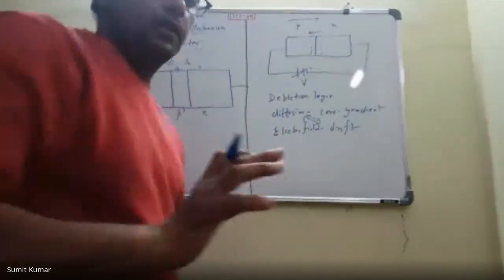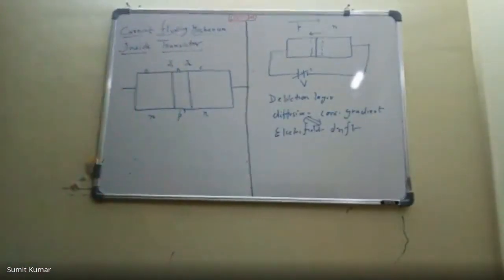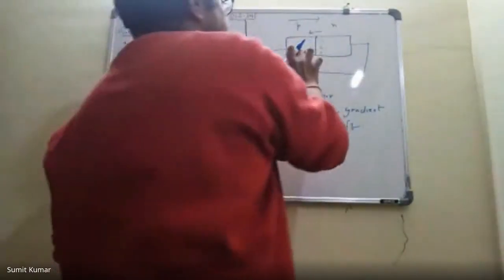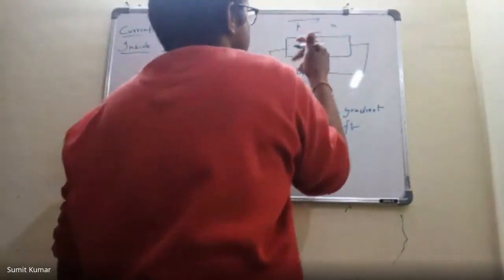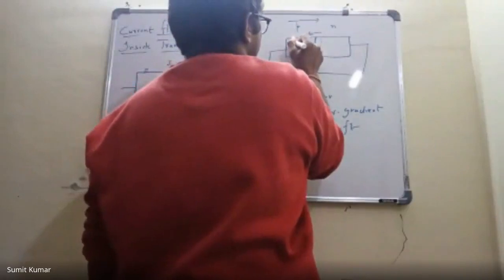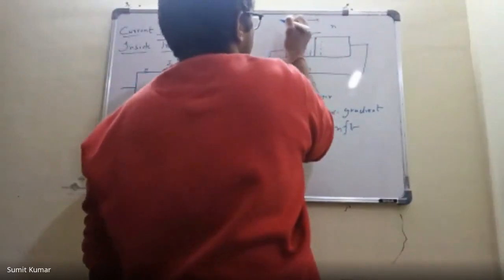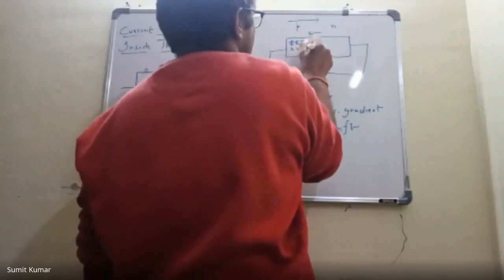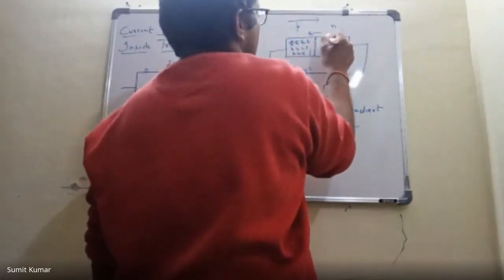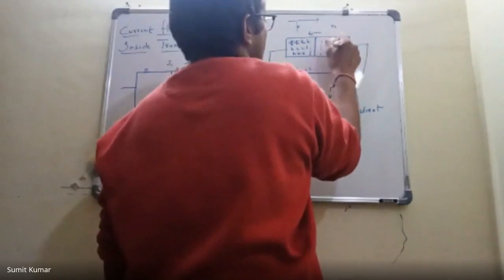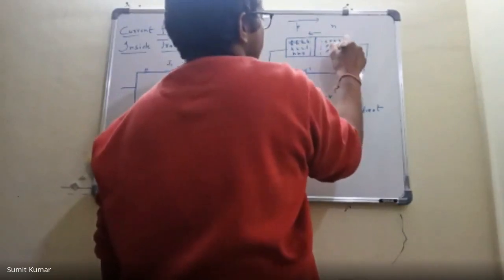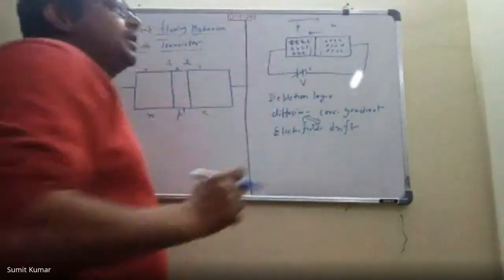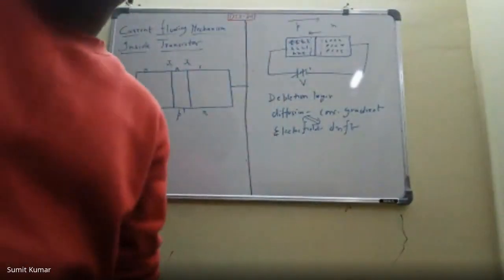What we need to understand here is that here the majority carriers are electrons, sorry, holes, and here electrons. So what happens when this potential barrier, or this built-in potential, is broken?